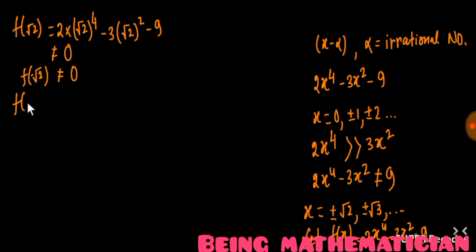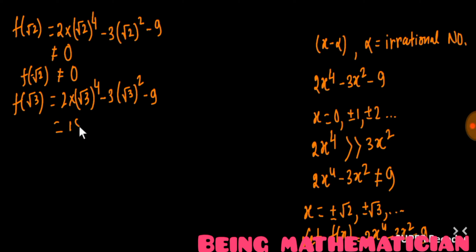Now we test for f of root 3. So it will be 2 into root 3 whole to the power 4 minus 3 into root 3 whole square minus 9. So it will be 18 minus 9 minus 9, so it must be equal to 0. So x minus root 3 is a factor of f(x).